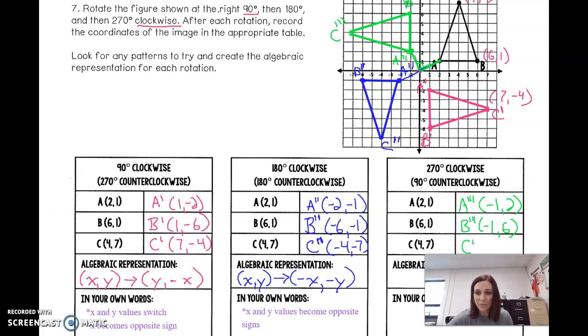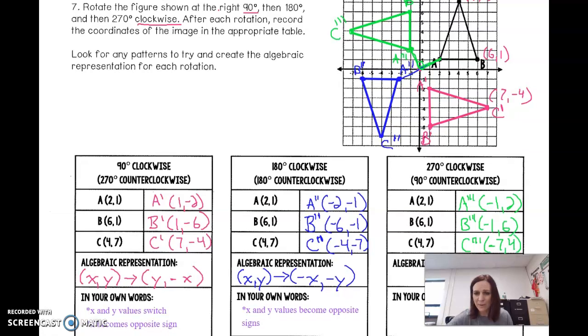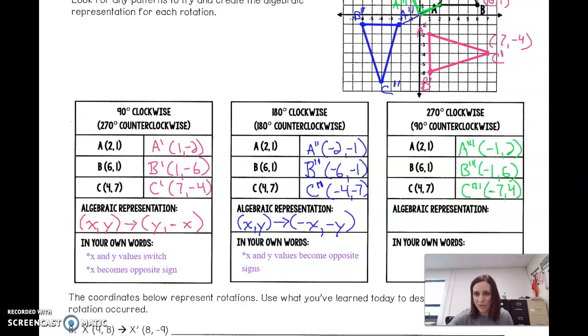And then C triple prime is going to be -7, 4. So notice what happens. We're switching them again: 6, 1, 1, 6, 4, 7, 7, 4. Our coordinate notation here, but this time we're not making our X opposite, we're making our Y value opposite. We're switching these two, but this one here that's a Y becomes a negative.